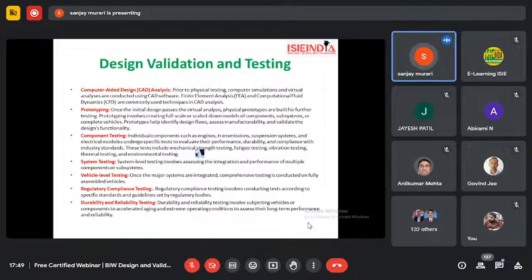Okay. So the last part is the design, testing, and validation. When the vehicle or any component or part gets manufactured, it goes through various stages. The initial stages are CAD and CAE, where the component is created in the digital environment and then analyzed using finite element analysis.